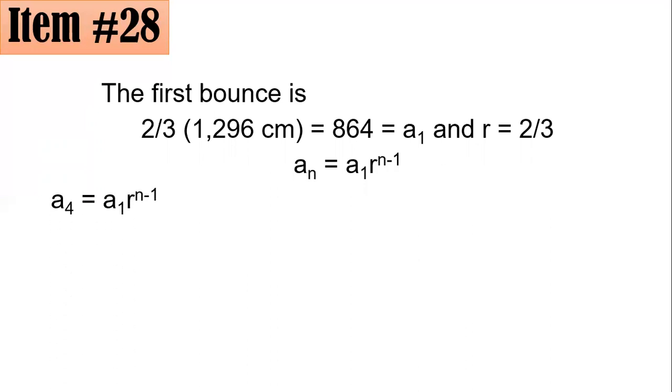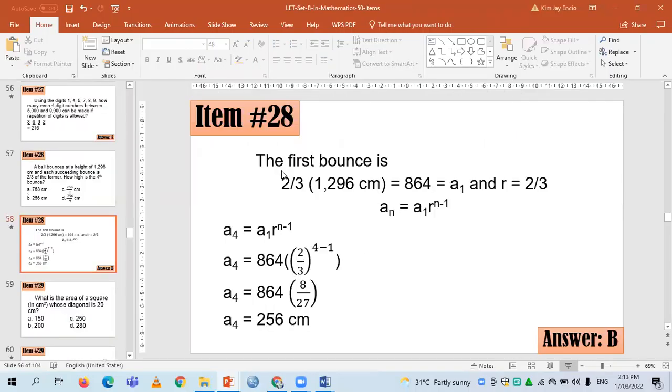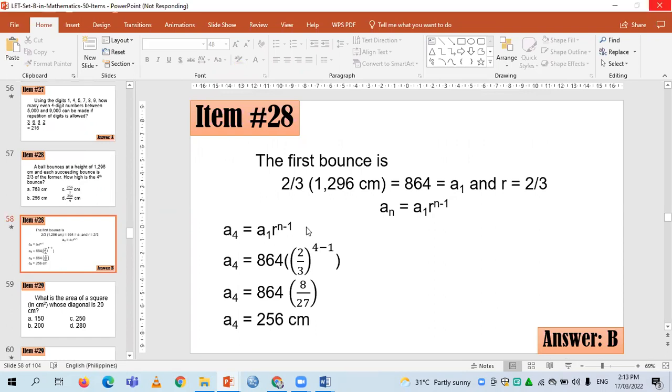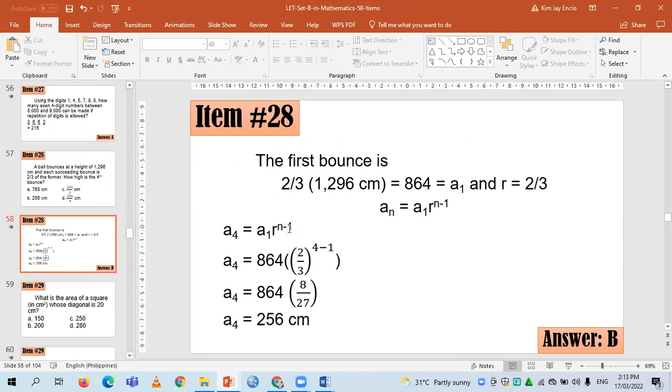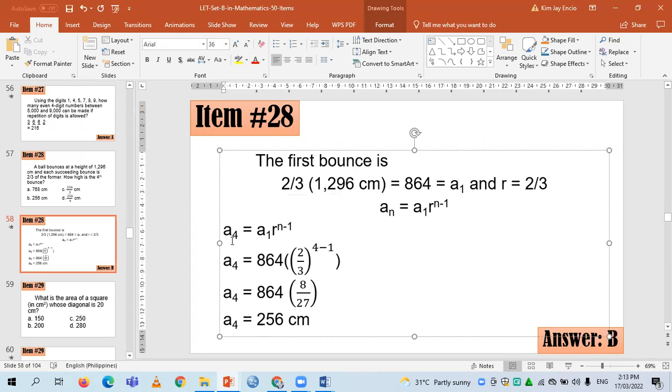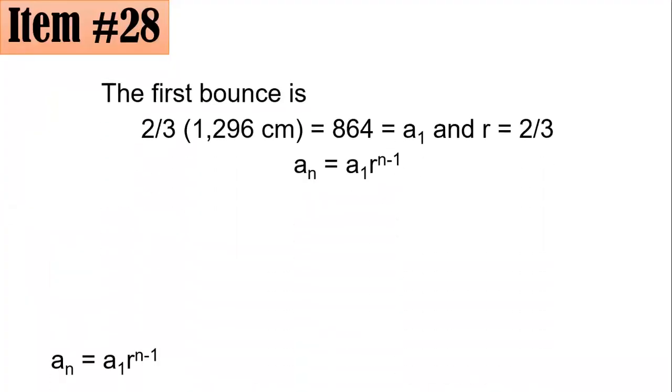By substitution, we're looking for the fourth bounce. So a sub 4, we will replace n with 4. So that becomes a sub 4 equals a sub 1 times r to the 4 minus 1. And with such, you arrive at a sub 4 equals 864 times 2/3 raised to 4 minus 1, or 3.